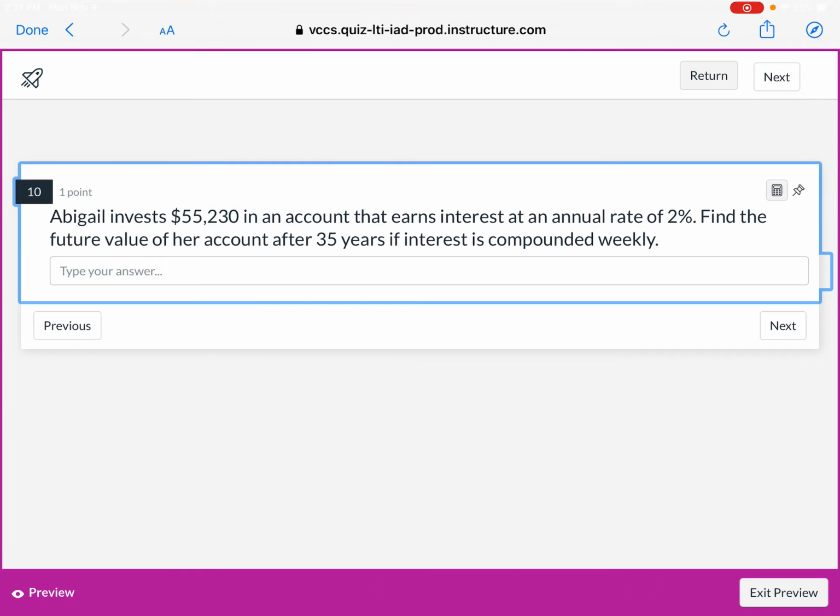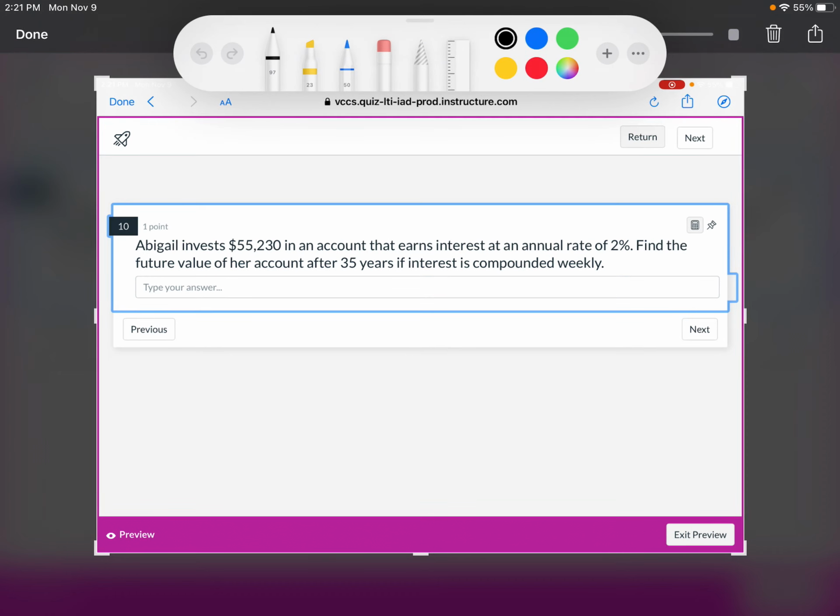So that's why we're going to use n equals 52 for compounded weekly. Now, I use this so often, I got it memorized, but we can use our notes. For the compound interest formula, we're doing P times 1 plus rate divided by n, and this is raised to the n times t power. So let's plug in everything we know.